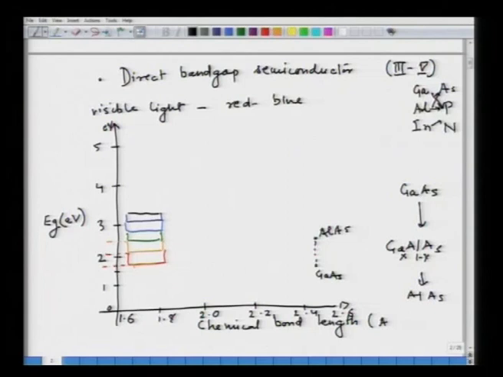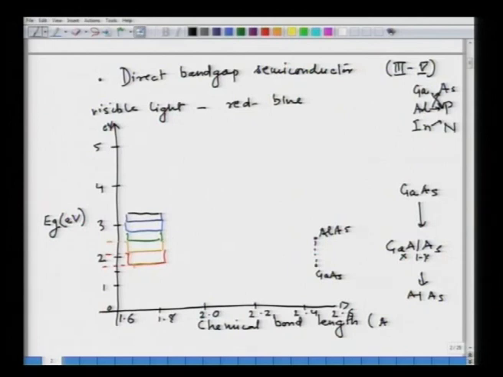Over here X is 100% and here it is 0%, and by changing this composition I change the emission from this material all the way from being infrared to red region. So, it is a wonderful material for that, and it has a very good lattice matching. As we will see later, the lattice matching is going to be important for the material. It can change the band gap of the material if the material is not lattice matched.